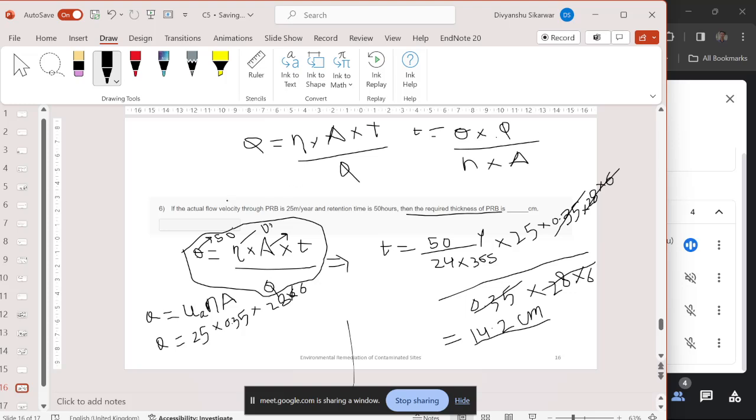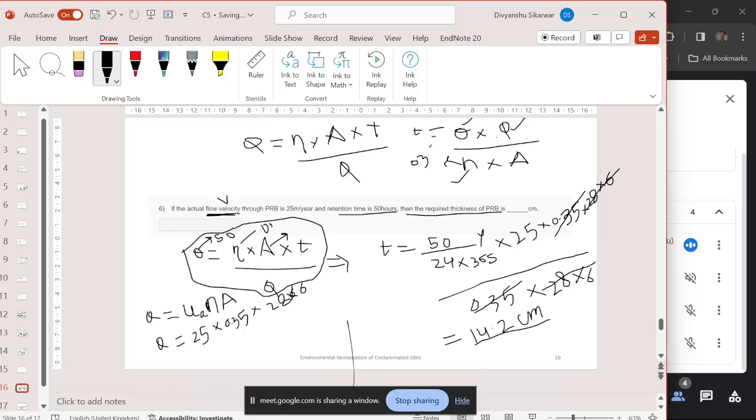In the problem we are given the flow velocity, but we are not given the discharge, and we are given the retention time. So this value we don't have directly; we have to calculate it. The porosity is given in the previous question, so for the PRV we will consider it as 0.35.